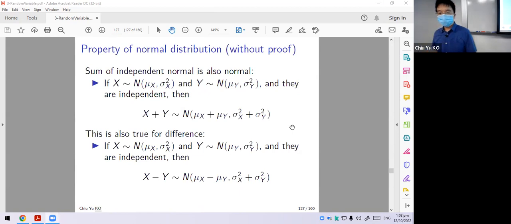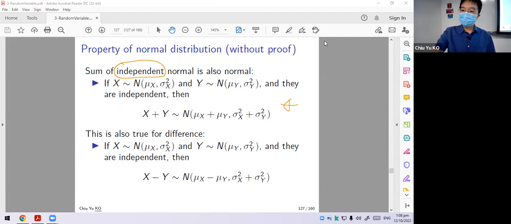So this is the last fact for normal. What is so interesting about normal is the following. And we only consider independent normals. So what this first equation says, graphically, is the following.